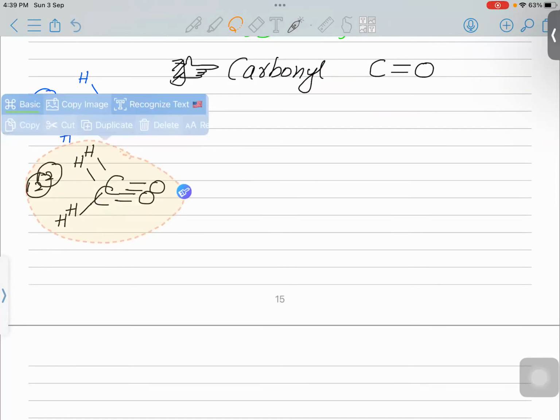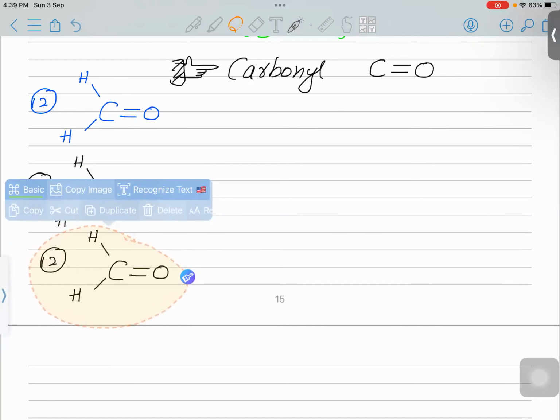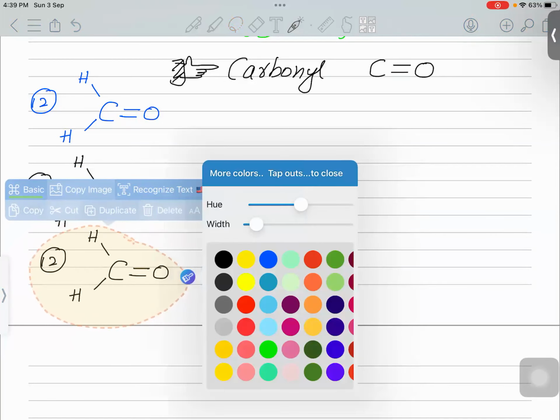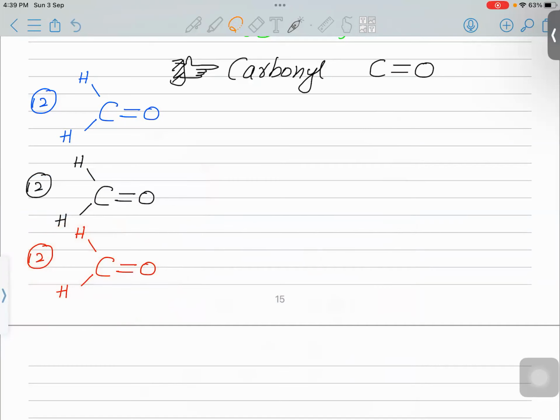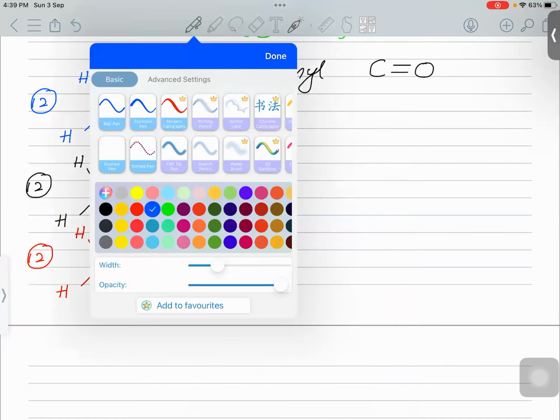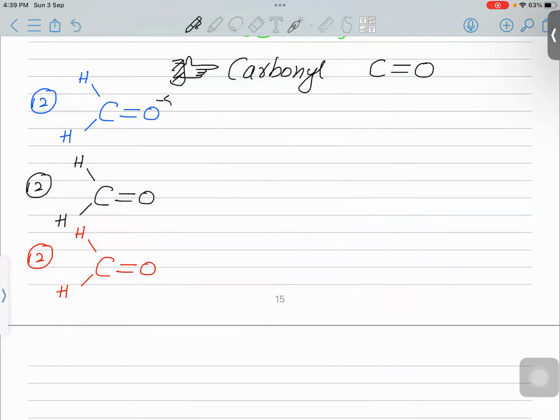Yes, it's polar. Why polar? Because of the carbonyl oxygen. Exactly. So here negative delta, positive delta. This is polar.